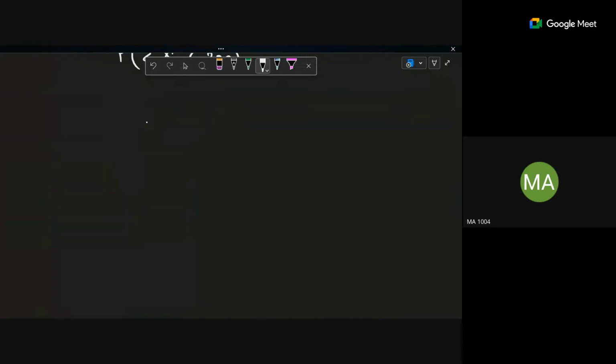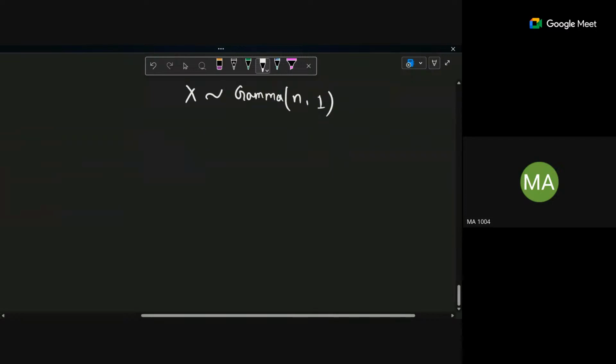Just X is a random variable they have given, right? X is a random variable having a gamma distribution with parameter alpha as n and beta as 1. So is it fine if I write it like this? Gamma distribution with alpha is n and beta is 1.